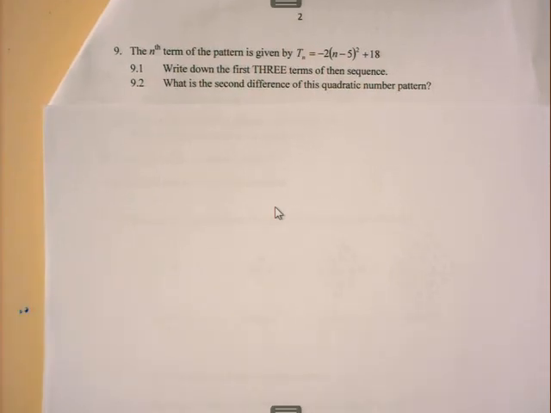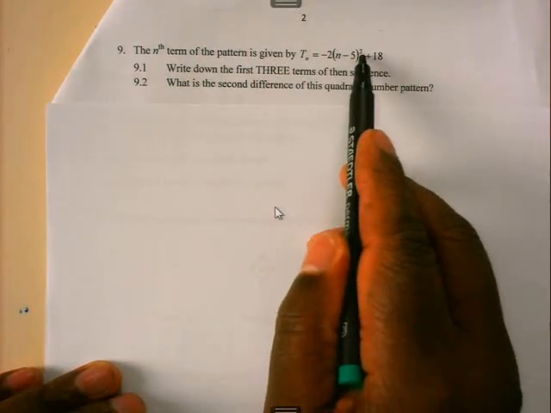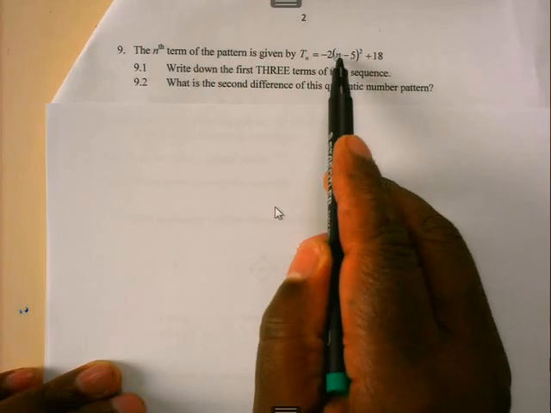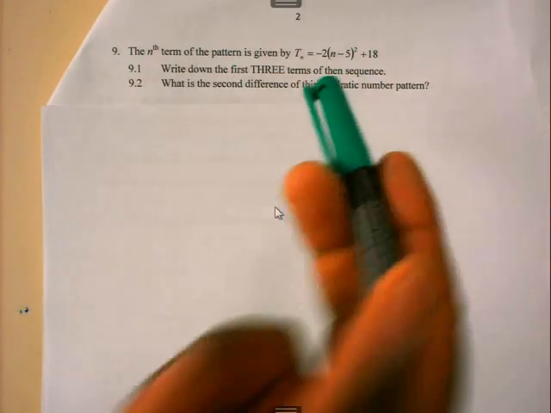We've got n here, and it's all squared. So the moment you've got n and the square, it is going to be n squared. Therefore, this is a quadratic number pattern. You also know that the parabola, the quadratic function, can also be written in that form.